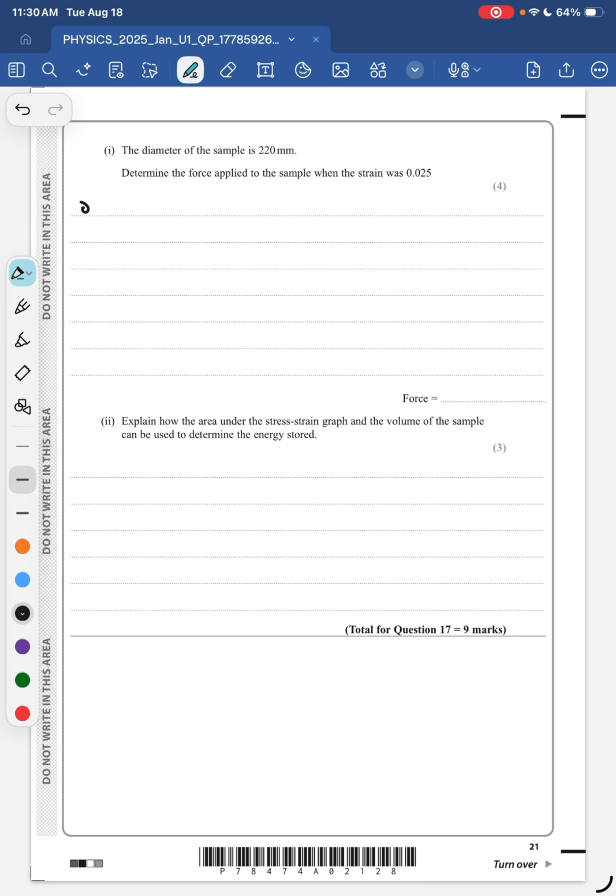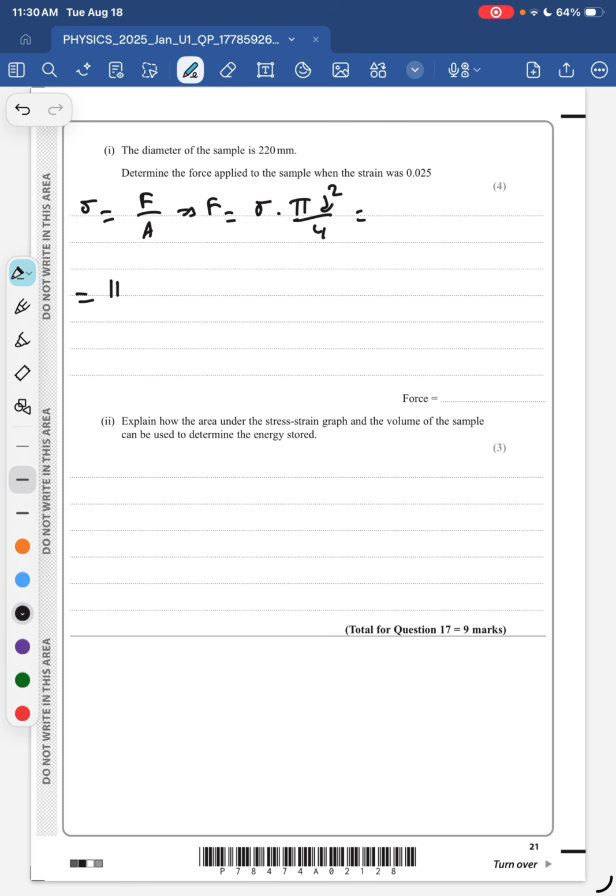So stress is force per cross-sectional area. So force is stress times the cross-sectional area, which you can write as pi d squared over 4.